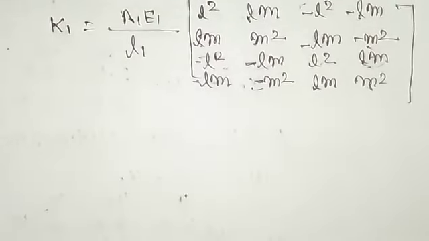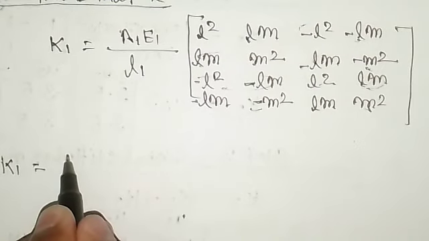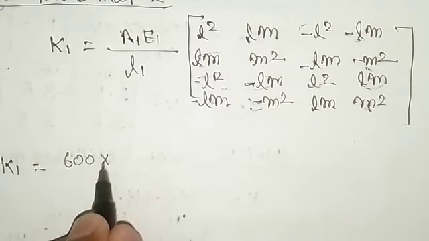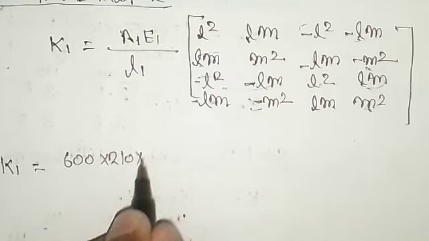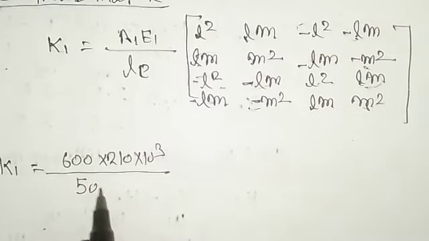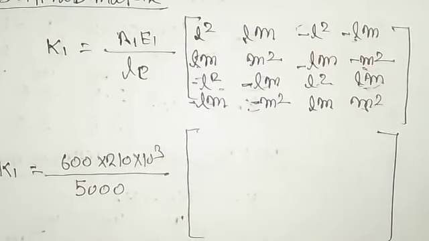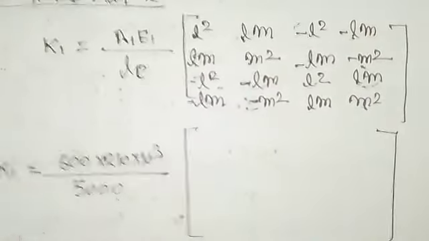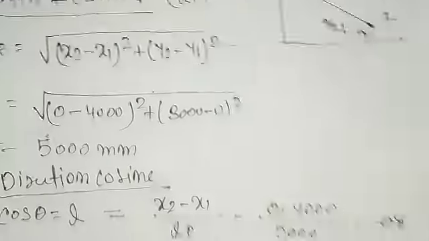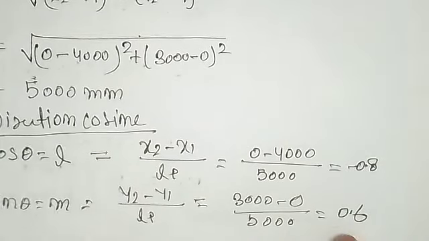K1 is equal to, area is 600, E1 is equal to 210 into 10 to the power of 3, divided by the length of element 1, that is LE which we calculated as 5000. So what is l square? For element 1, l we calculated as minus 0.8 and m is 0.6.